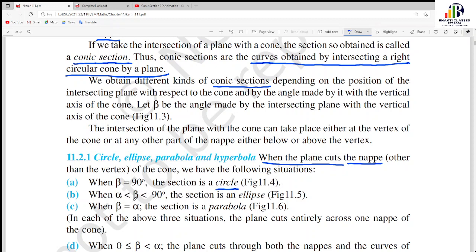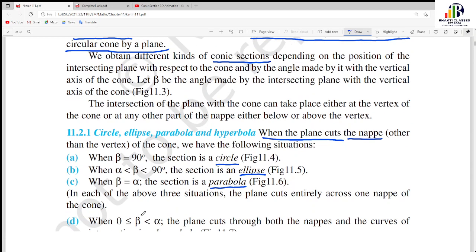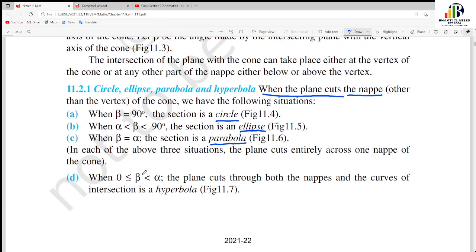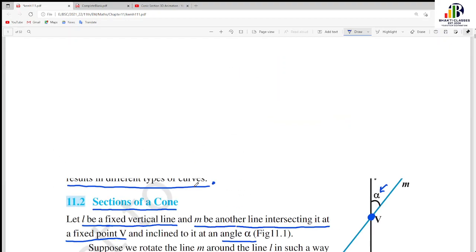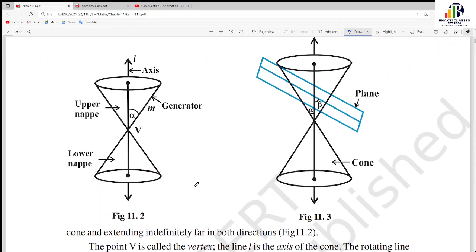When alpha is less than beta is less than 90 degree, the section is ellipse. And when beta is equal to alpha, the section is parabola. And when 0 is less than or equal to beta is less than alpha, it is the hyperbola. All these things we can see in this figure.